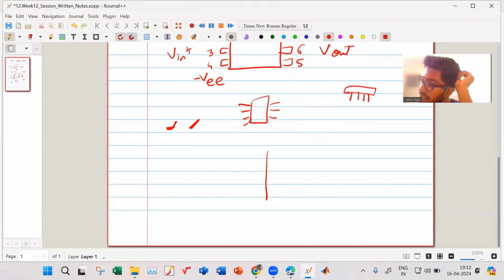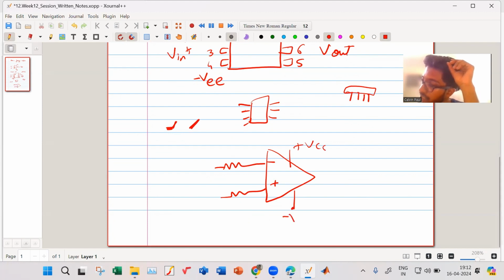This is your op-amp, minus and plus, and you have some resistors over here. This is your plus VCC, this is your minus VEE, and this is your V out.